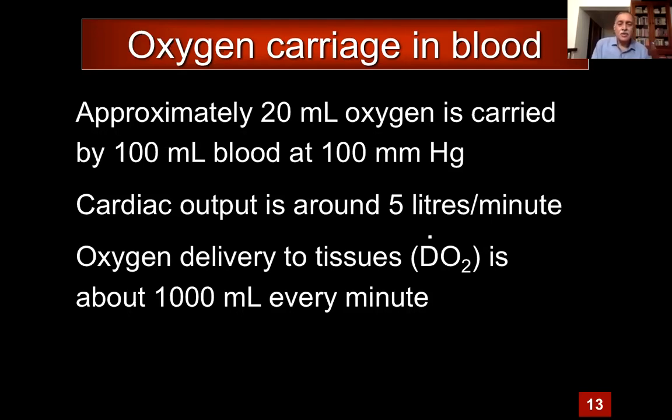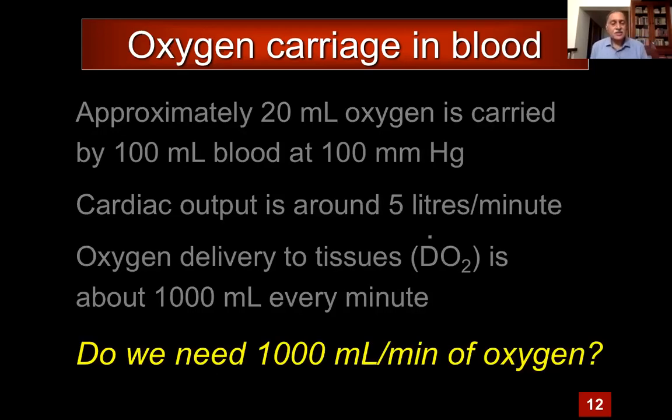Nowadays, the modern term is D with a dot on top, O2, which means oxygen delivery to the tissues per minute, and that is to an extent of 1000 ml every minute. So by carrying 20 ml of oxygen for every 100 ml of blood, the cardiac output of 5 liters per minute actually results in delivering 1000 ml of oxygen to all the tissues put together every minute.